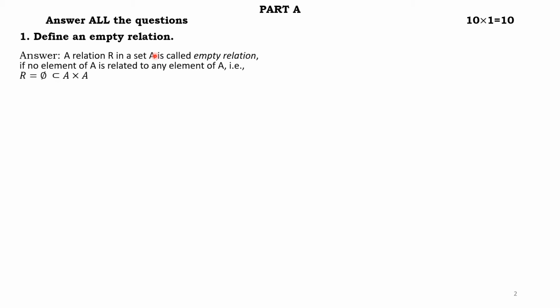Therefore, answer: a relation R in a set A is called empty relation if no element of A is related to any element of A, that is, relation R equals phi, a subset of A cross A.